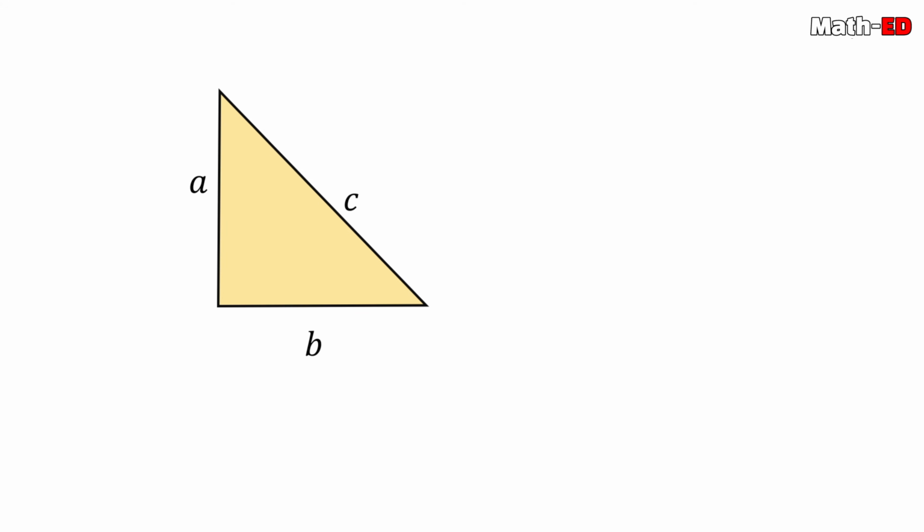If we put this angle as alpha, then the other angle will be 90 degrees minus alpha. If we drop the perpendicular, in the green triangle another angle will be alpha, and in the red triangle the other angle will be 90 degrees minus alpha. From here, our observation is that the main triangle, the blue triangle and the red triangle are all similar.